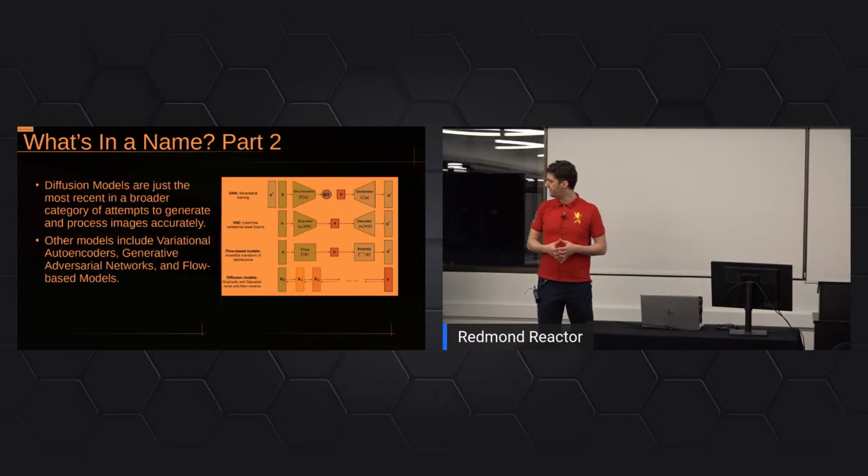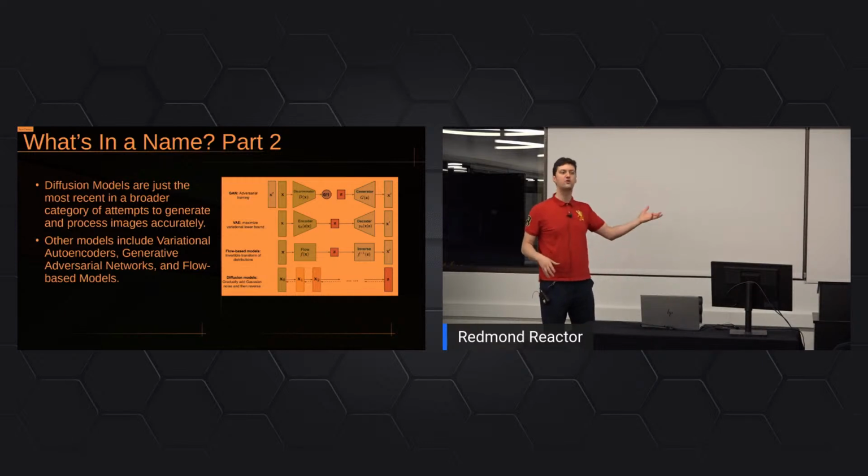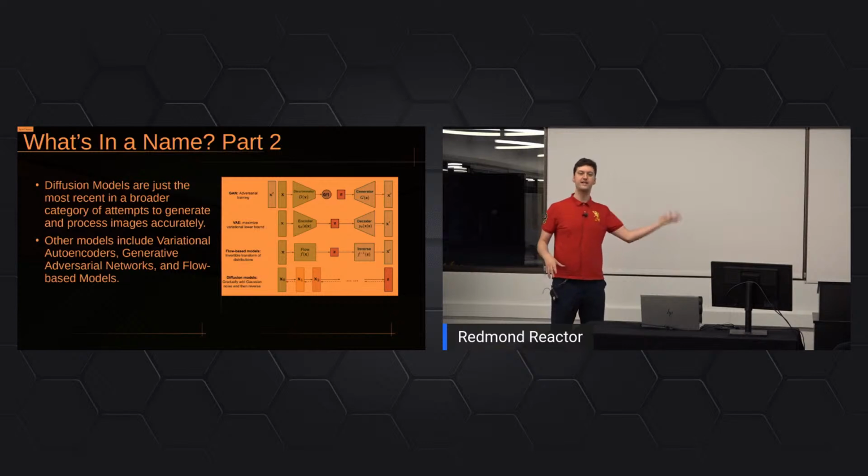There have been the GANs, or generative adversarial networks, that basically have a network that tries to generate an image or a piece of text or something, and then an adversary network that tries to discriminate whether or not that was a correct or valid generation.